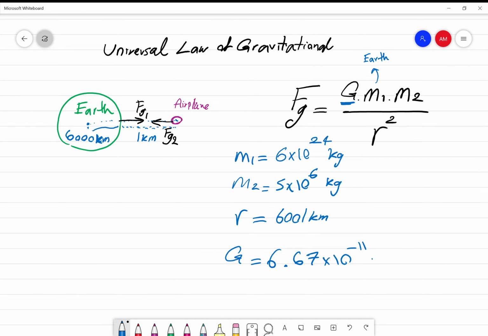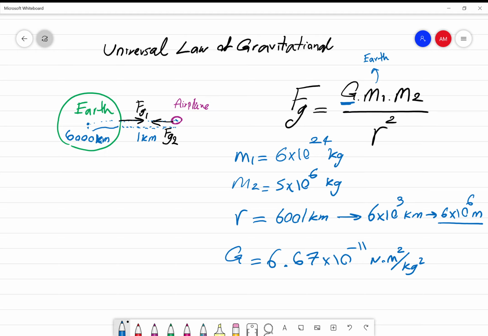And the unit is Newton meter square divided by kilogram square. This just means that all our other units must be kilograms and meters. So this means we have to convert this 6,000 kilometer, which is also 6 times 10 to the power of 3 kilometers, to meters, which would be 6 times 10 to the power of 6 meters.